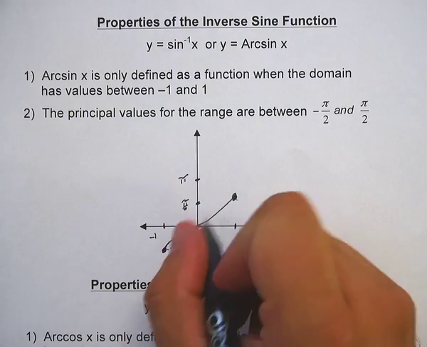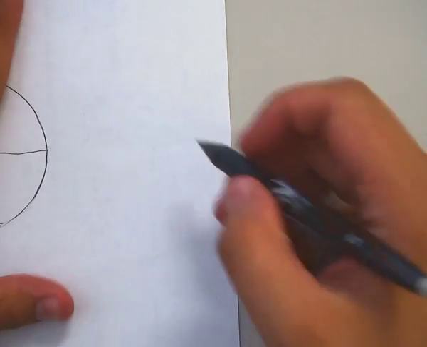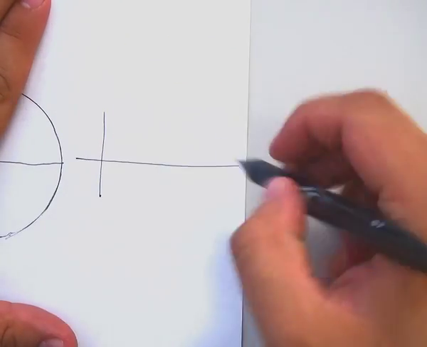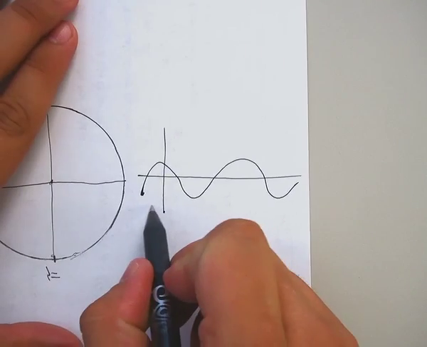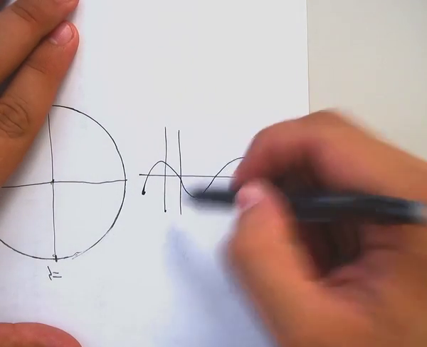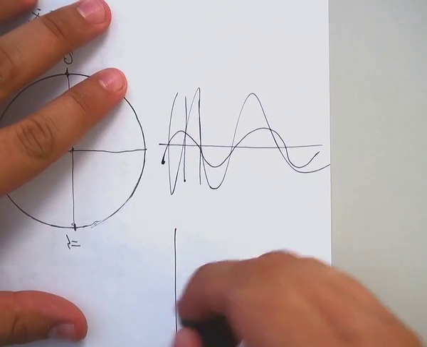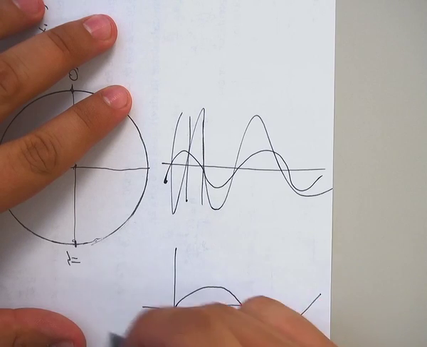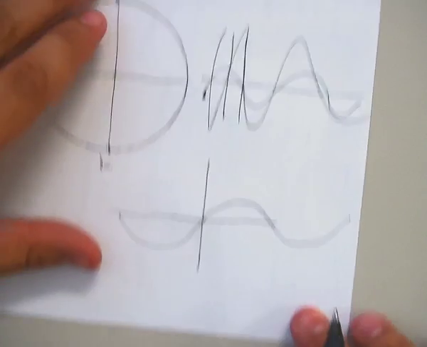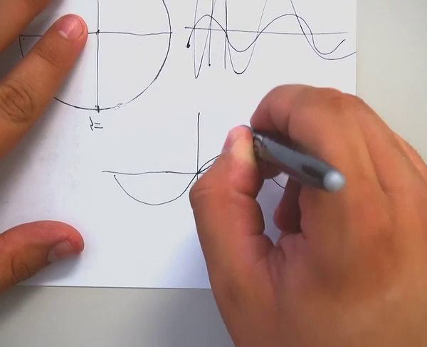Why? Because if you think about changing the xy values, you're going from a graph that looks like this to a graph that now looks like this.